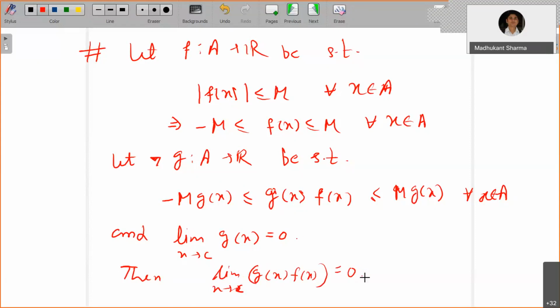Now if as x tends to c, g of x is some other number k, then this is minus M times k and this is capital M times k. So you cannot use the sandwich theorem. Then you cannot decide what the limit is. Okay, sir. So you still require that the limit of g is 0. Then you can directly apply it. That's fine. Okay.